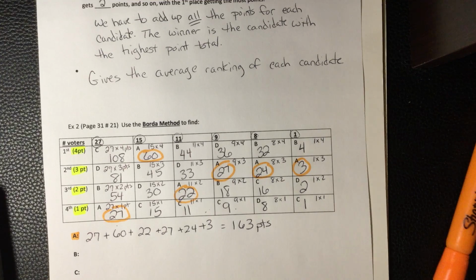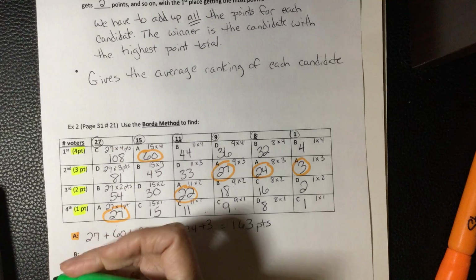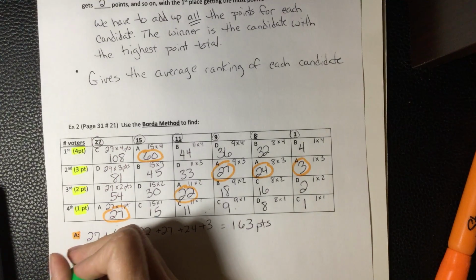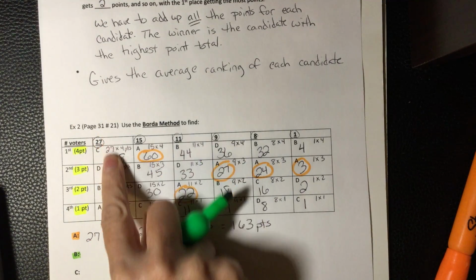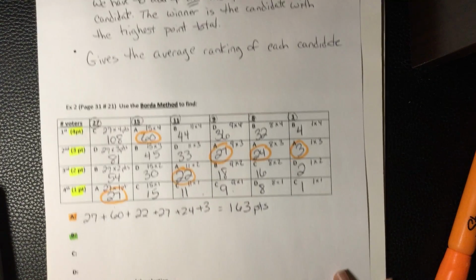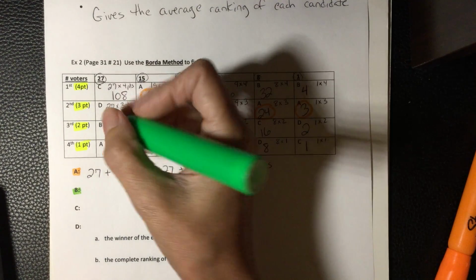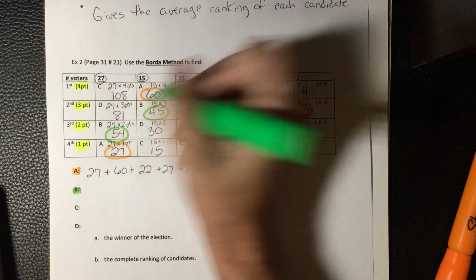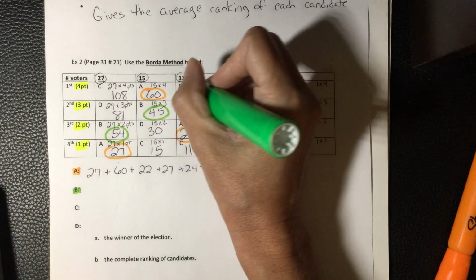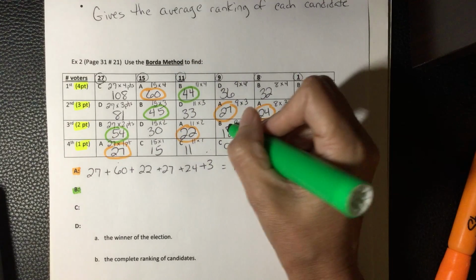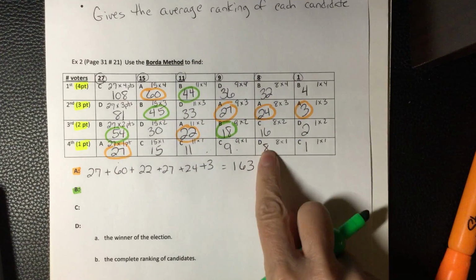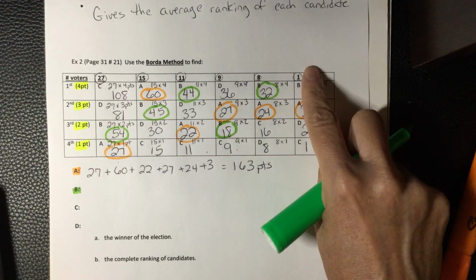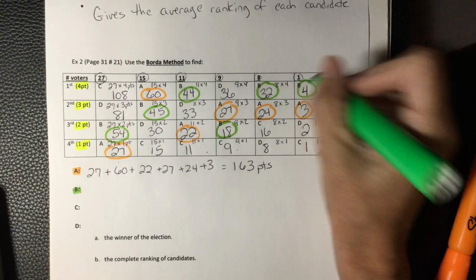So now I'll go ahead and pick a different color. I'm going to do green for B. You can do any color you want. So I go find B on each column. Let me scoot that up for you a little bit. So here B has 54, B has 45, B has 44, B has 18. On this column, B has 32, and this column, B has 4.